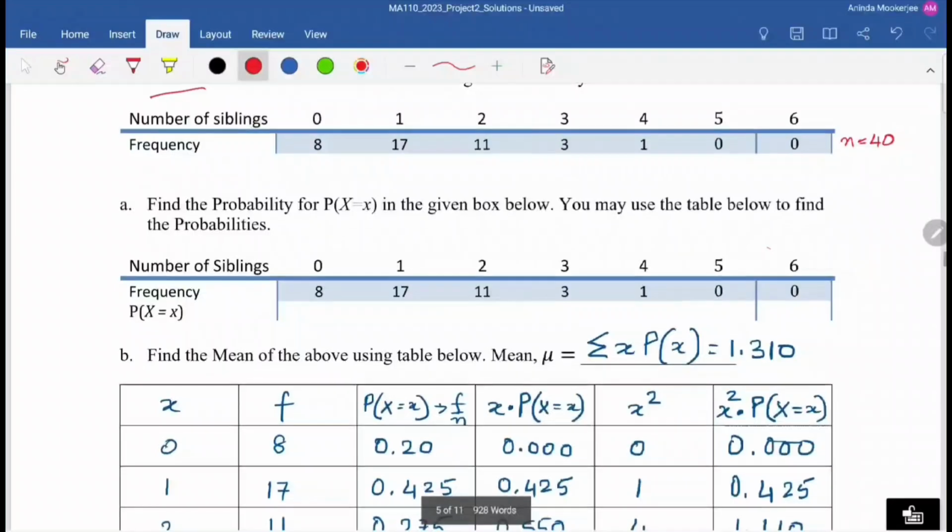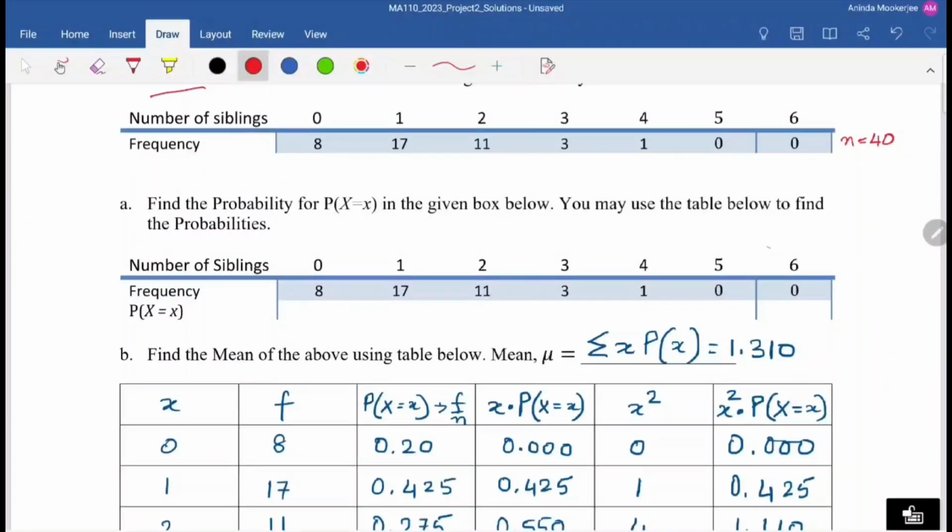So what is the formula to find probability? It's the same old formula, which is f over n. P, the probability formula, is f over n. So it's going to be 8 divided by 40. Again, you have to convert it to a decimal value. Many of you left your answers as fractions in the first test on the probability questions.